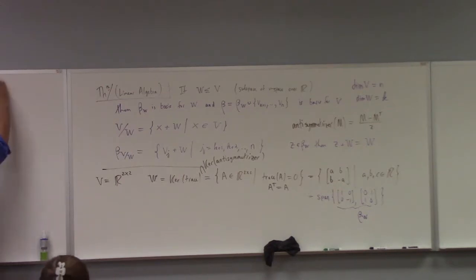That's the definition of the factor group here, which is also the quotient vector space. Now, what is W? Let's be more explicit about A. Let's say A is a, b, c, d.